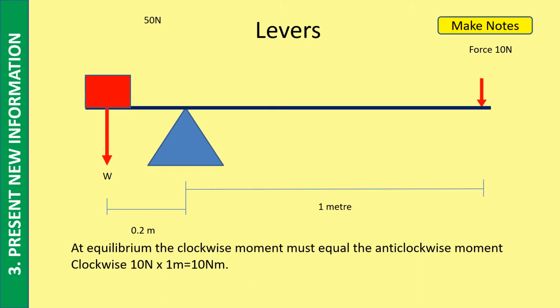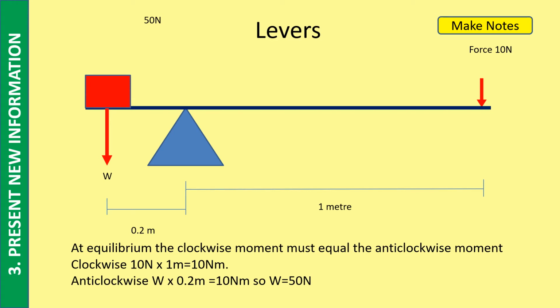So if we look at the right-hand side first, the clockwise moments are 10 newtons times 1 meter, which is 10 newton meters. And this must be matched by the anti-clockwise moments from the left-hand side. So W times 0.2 meters must equal 10 newton meters for the system to be in balance.